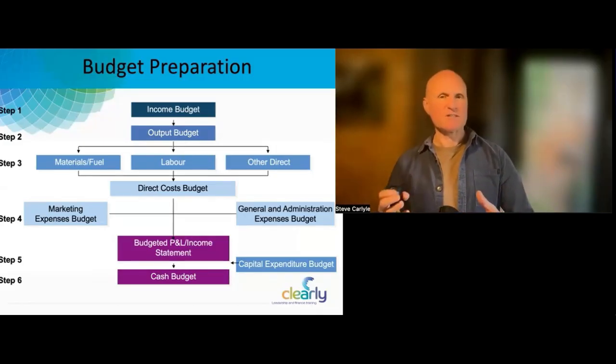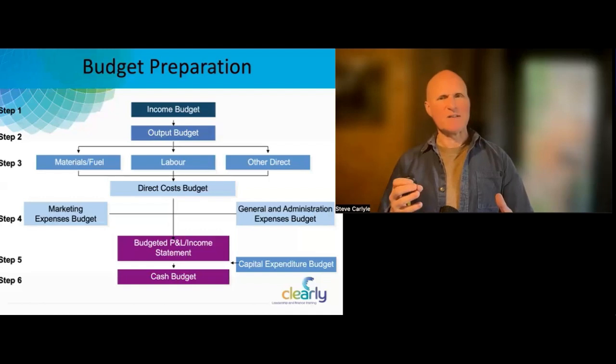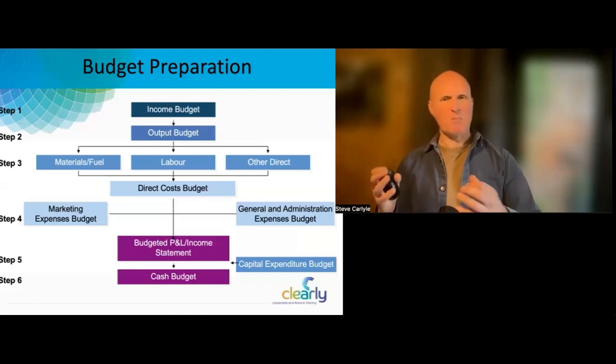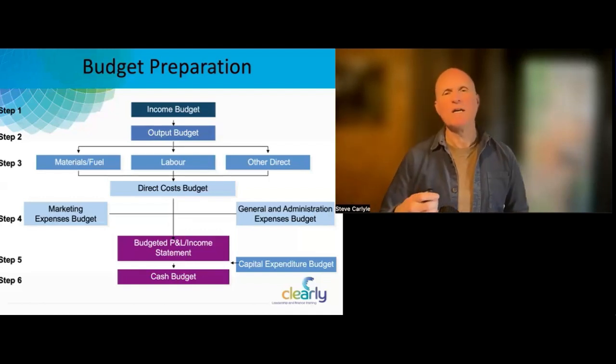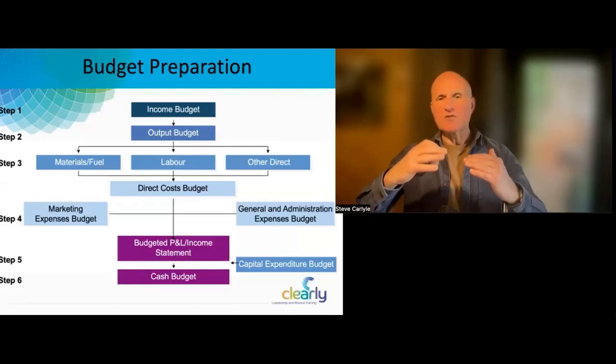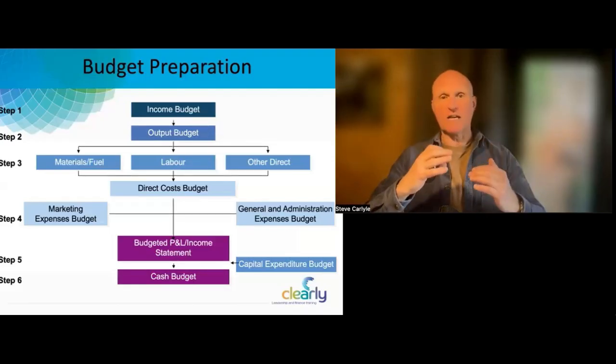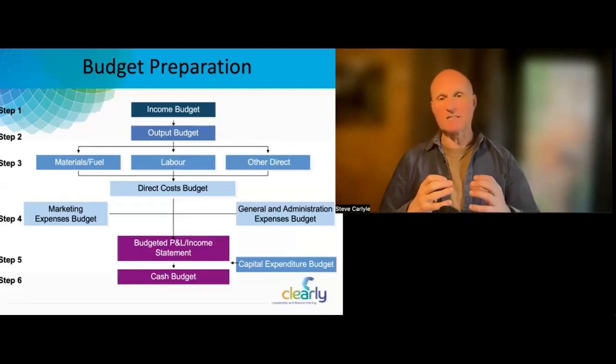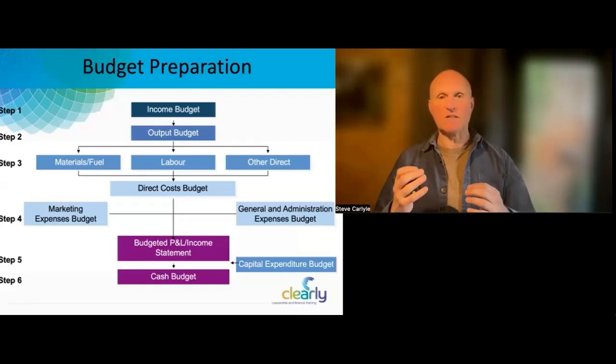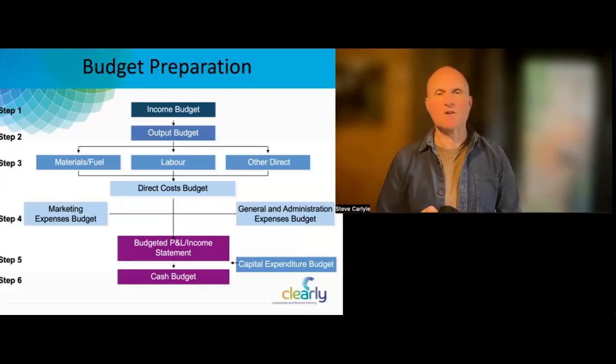So the accountant team are going to have to start thinking, well, hang on, have we got enough cash? Do we need to go and borrow some money from the bank and so on? So sometimes budgets can go through several different versions as we start pulling things together. We might have to go and revisit things. And if you're a manager, it's worth knowing that, because that can be quite frustrating for you.